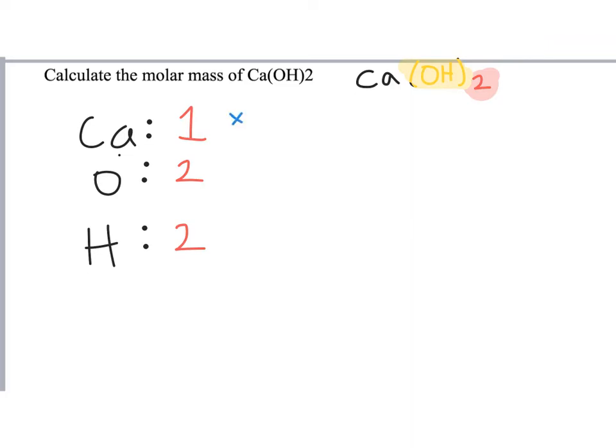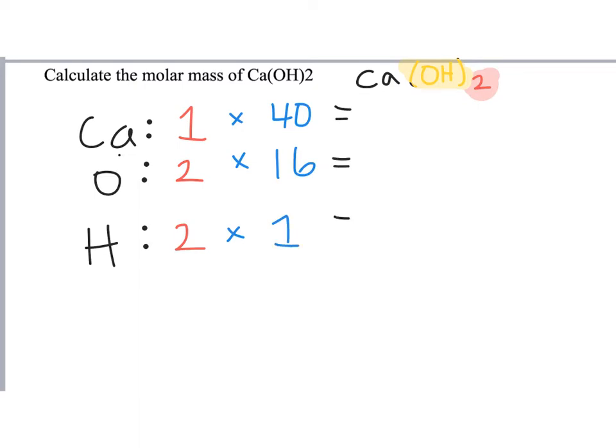We can then multiply those times their atomic mass, or the molar mass of that element. And you're going to see that Ca is about 40. Again, if you're ever confused about where to round, try to just round to the nearest whole number. Oxygen is going to be 16, and hydrogen is going to be 1.